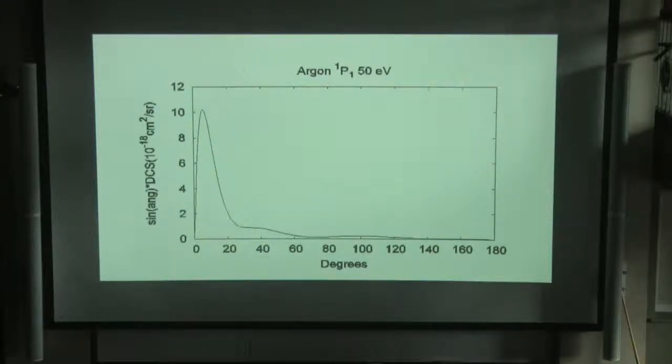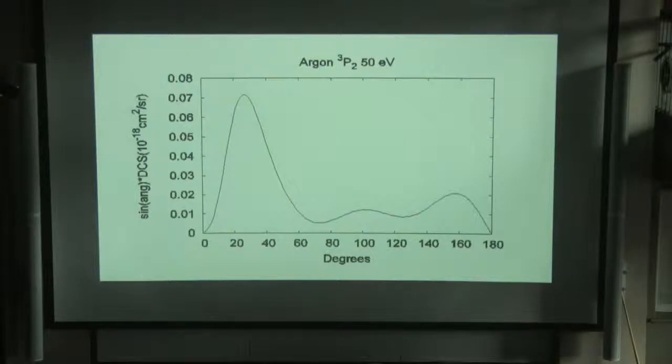So what about the exchange transition? The same thing here. We multiply by sine of the scattering angle. We get, again, the linear scale. We do get a peak, but it's much broader. And the part out here is a non-trivial part of the calculation.